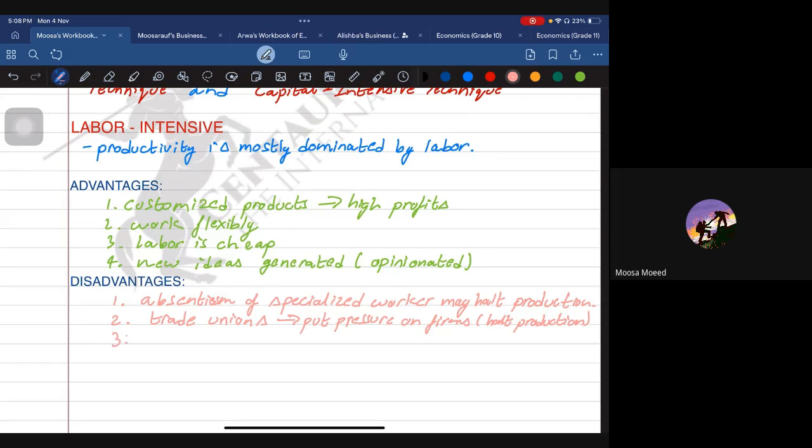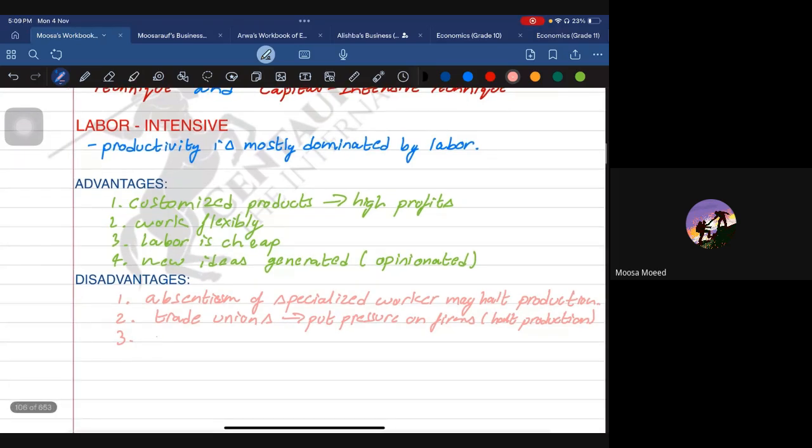Sir, the employees' fights with the co-workers also cause losses to the company. Yes, conflicts between workers delay or slow down production. Then quality might not be standardized because workers are making the goods, so the same quality of goods may not be produced.